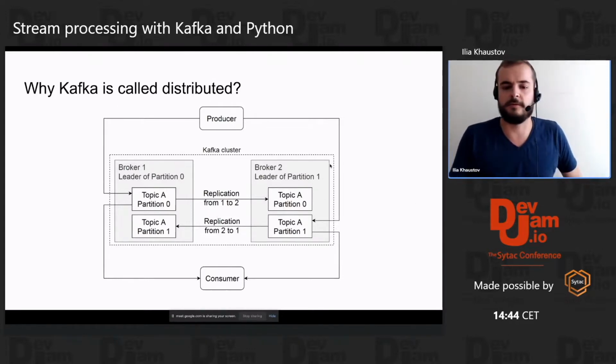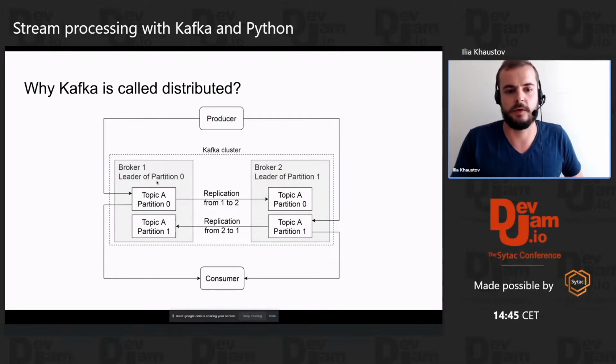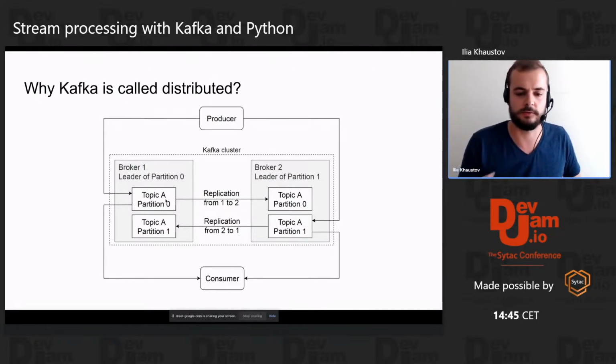What this slide illustrates is how topics are actually stored and how redundancy of messages is provided. As you see here, one topic is split into partitions. Topic A has partitions 0 and 1, and one broker is the leader of partition 0, another is the leader of partition 1. It means the following: when a consumer or producer, so a client for Kafka, asks for data or tries to write some data, it will talk only with the broker that is the leader of the partition it currently tries to read from or write to.